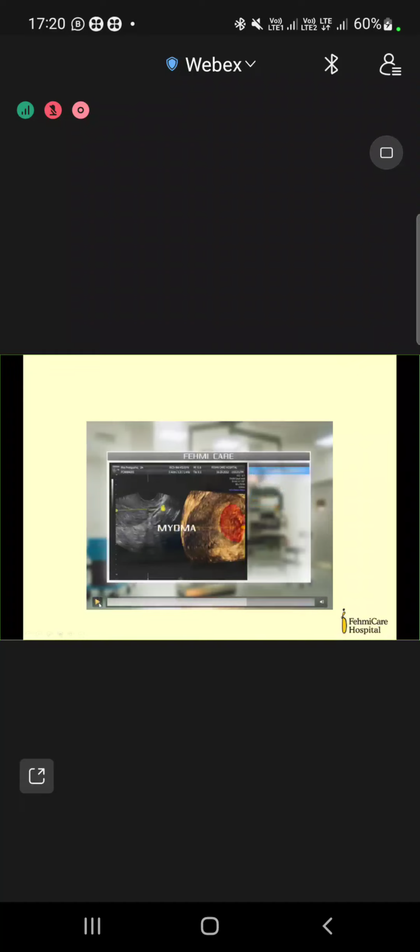So the robo goes through the hysteroscope, performs the polypectomy and comes back. Suppose there is a submucous myoma, you tell the robo, here is the location, you go and do the resection.